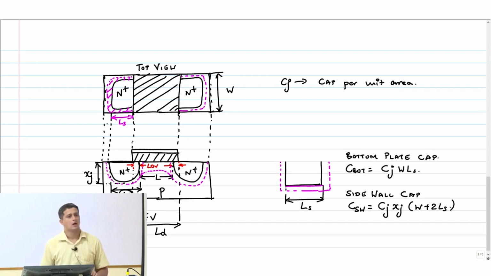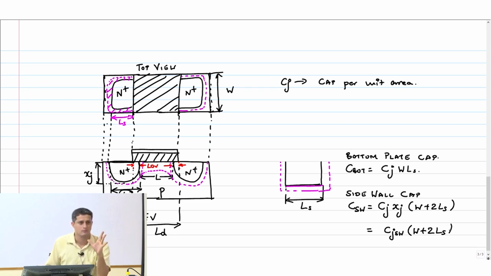Now Xj is also a technology constant. Therefore, I am simply going to write this as CJSW, side wall, into W plus 2Ls. Both these components are not dependent on the channel length, quite evidently, because that dimension does not even come into the picture here.